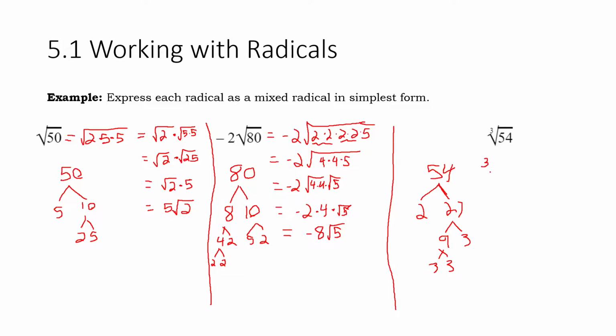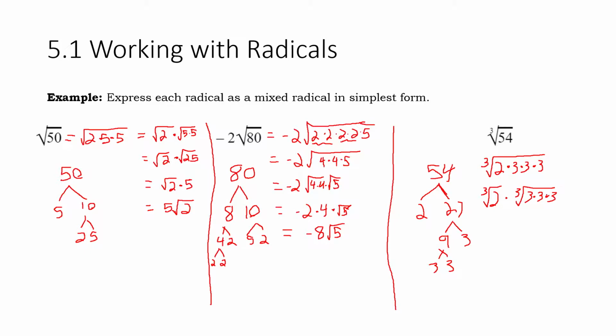So the third root of 54 we're going to change into 2 times 3 times 3 times 3. We do have a triple here, so we're going to separate these into the third root of 2 times the third root of 3 times 3 times 3.